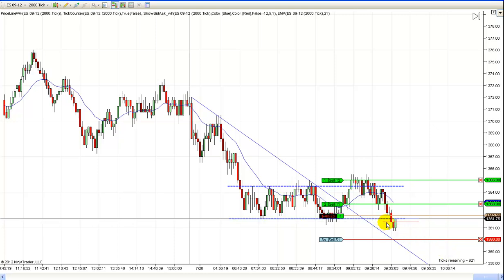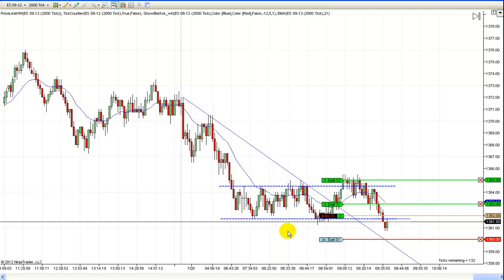A lot of times what I'll do is drop my order down here and catch the breakout and have more room to get out before we come back up. But most of the time those trades won't break through there, and it ends up bouncing and you miss the trade. So a lot of times I want to get in just a tick or so above the support to make sure I get my trade filled.